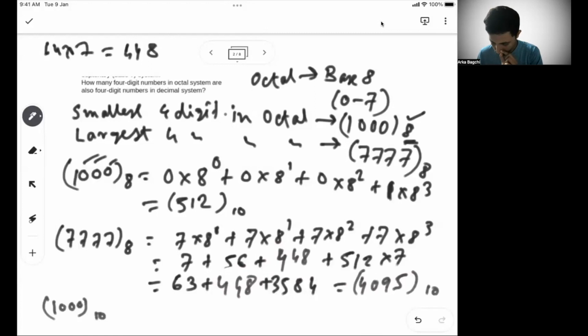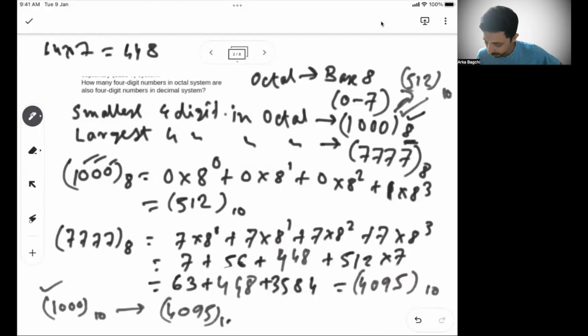This 1000 and this 1000 don't get confused, because this is in octal system, which represents 512. This represents 512 in base system 10, and here I'm talking about the actual 1000 of base system 10. So from there till 4095 in base system 10 are all the four-digit numbers that are four-digit numbers in octal system as well.